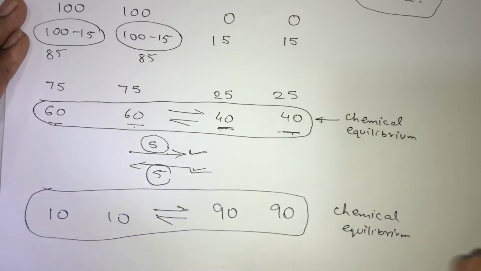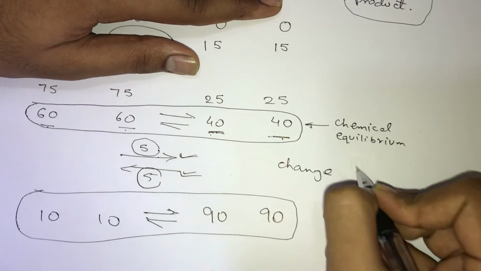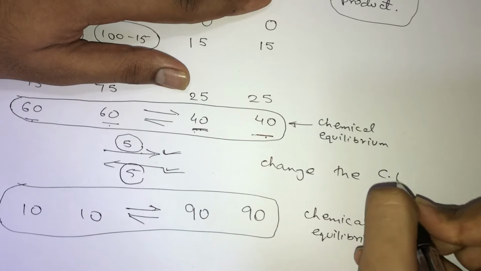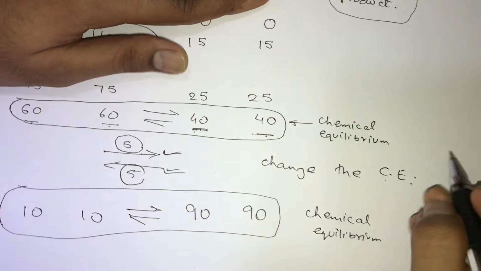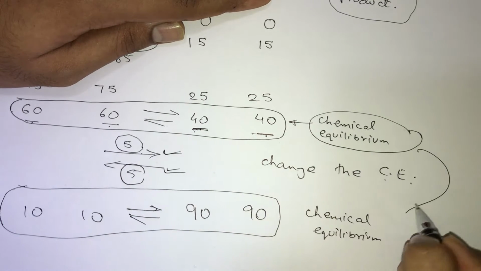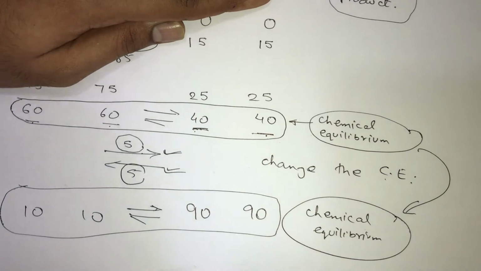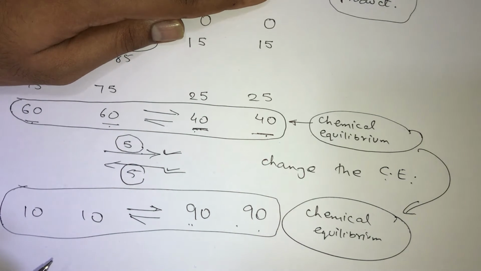So can I say guys that you need to change the chemical equilibrium? Am I right? You need to change the chemical equilibrium. So you need to change the chemical equilibrium from this state to this state where you are having maximum amount of product.